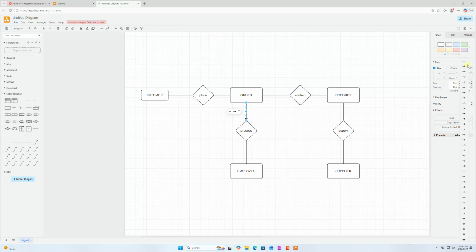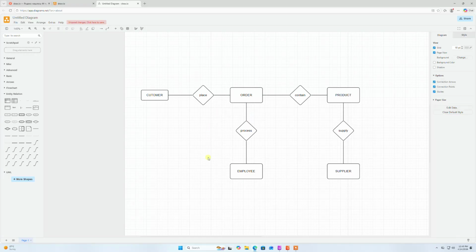Now what kind of relationship exists between these entities? There are three types of relationship: one-to-one, one-to-many, and many-to-many. We have to identify that one customer can place many orders, and one order will be for one customer. So the relationship between customer and order is one-to-many. How can we write it in Chen notation? I will write one: one customer can place many orders.